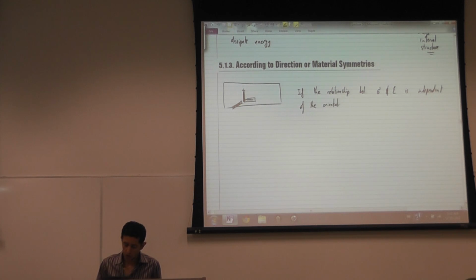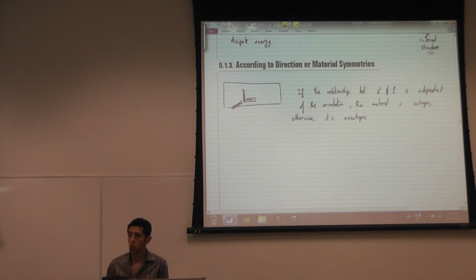It's independent of the orientation, the material is isotropic. Otherwise, it's anisotropic.